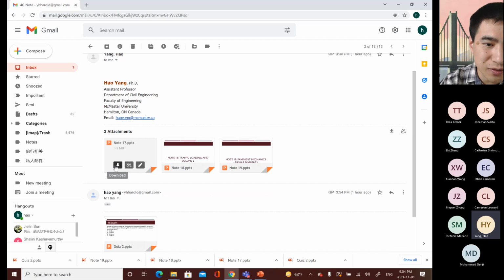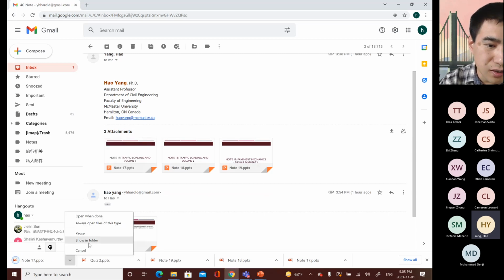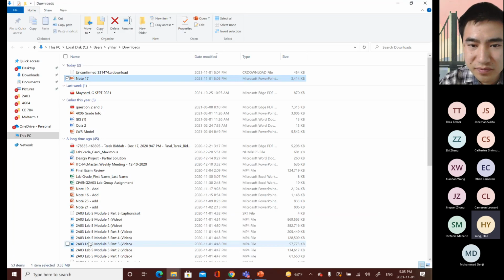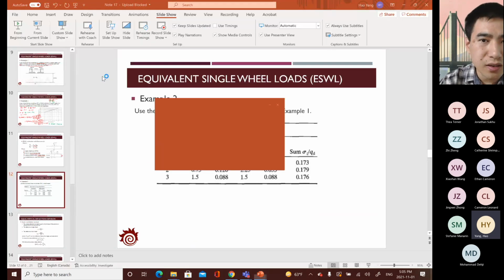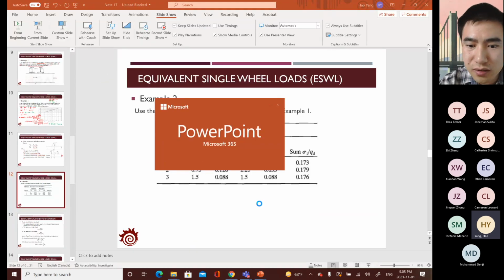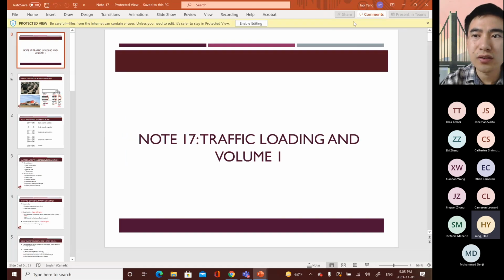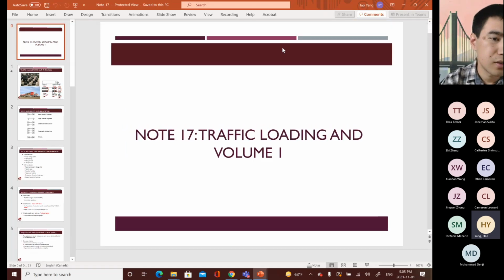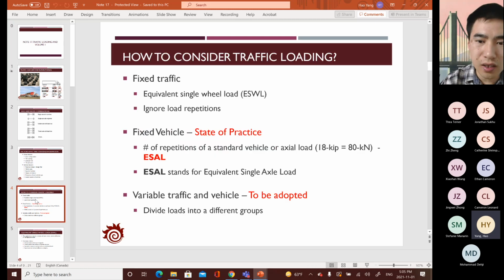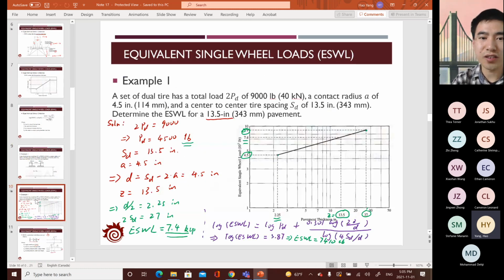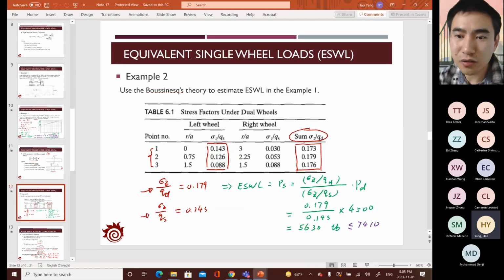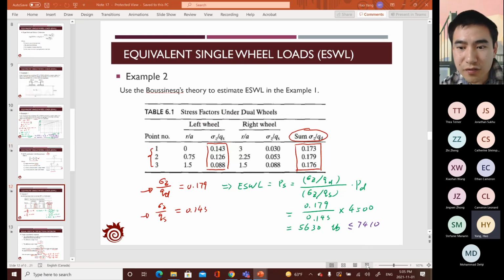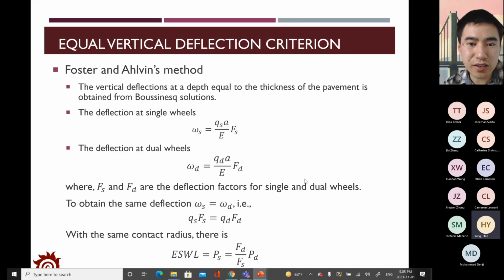It takes some time for me to download it. Let me see whether you are able to see it. I guess this is the one with all the information already written.